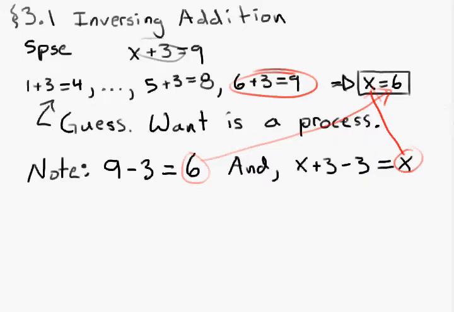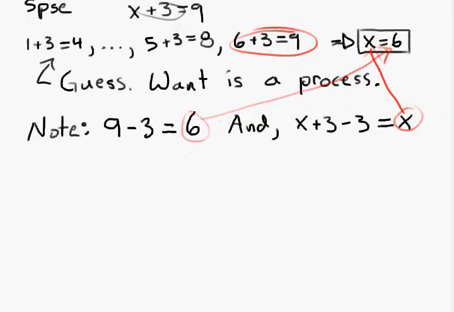Let's solve this equation again. Remember, we had x plus 3 is equal to 9. We'll begin by rewriting it. Now, remember our thought was subtract 3. And if we look at what we had here, it was 9 minus 3, as well as x plus 3 minus 3.